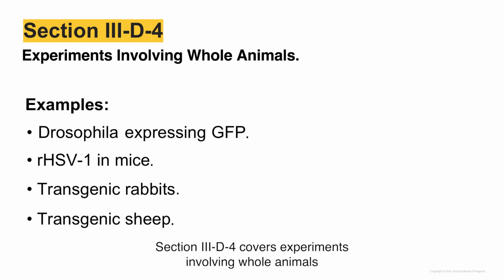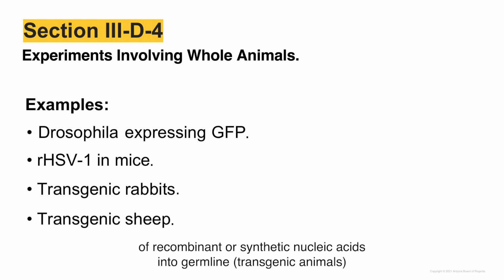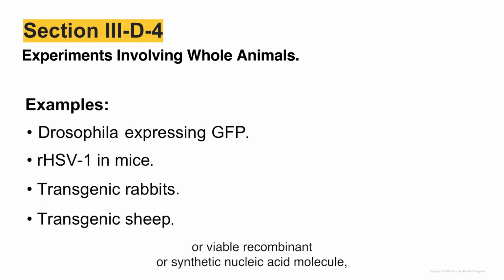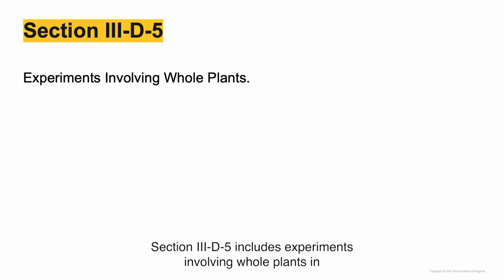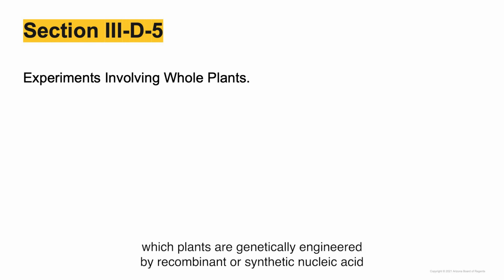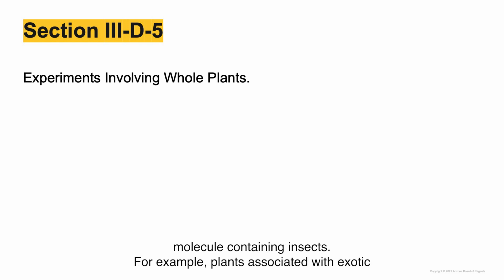Section 3D4 covers experiments involving whole animals in which the animal's genome has been altered by stable introduction of recombinant or synthetic nucleic acids into germline, transgenic animals, or viable recombinant or synthetic nucleic acid molecule-modified microorganisms are tested on whole animals. Section 3D5 includes experiments involving whole plants in which plants are genetically engineered by recombinant or synthetic nucleic acid molecule methods, or plants are used with recombinant or synthetic nucleic acid molecule containing insects.